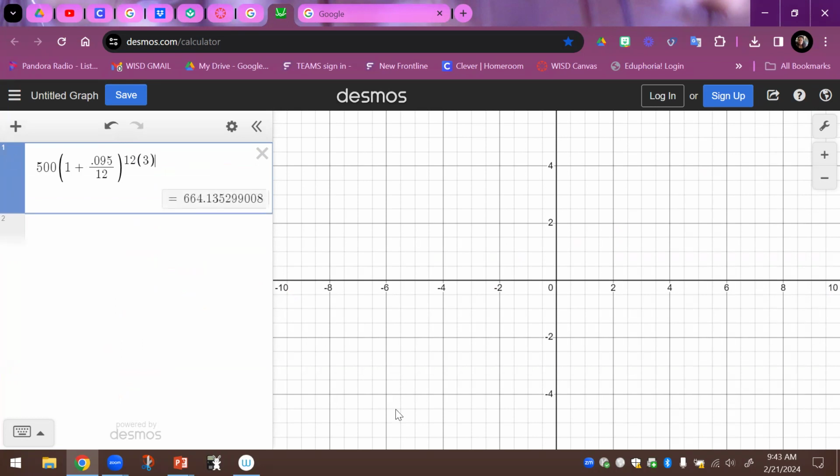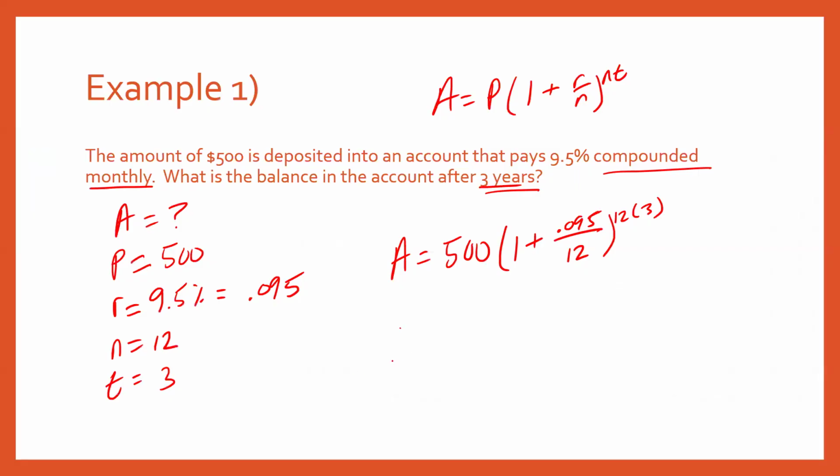And you could if you wanted to beforehand, or if you're putting it into the calculator, do you really need to do any simplifying? You don't. The calculator is going to do it all for you anyway, right? Okay. So after 3 years, how much would I have in my account? And 14 cents. So we have $664.14.